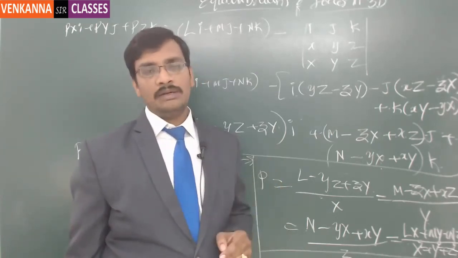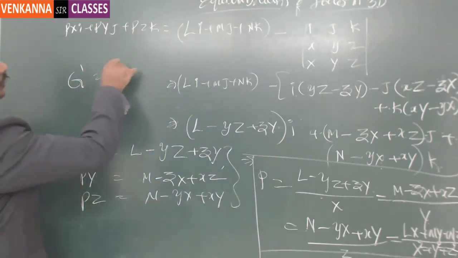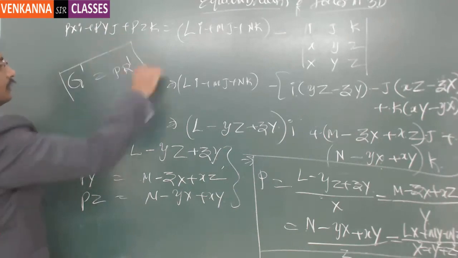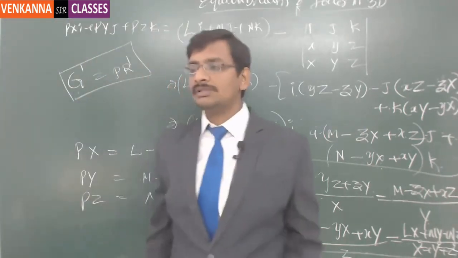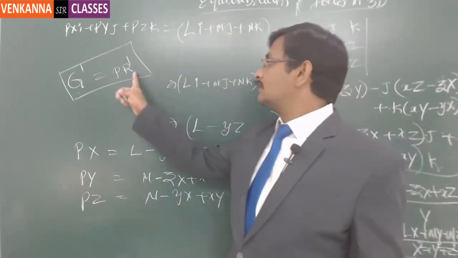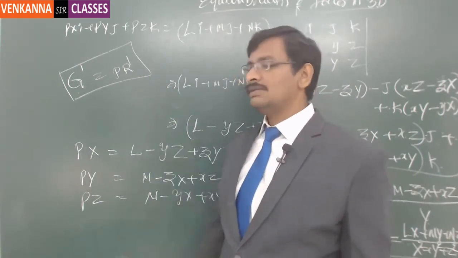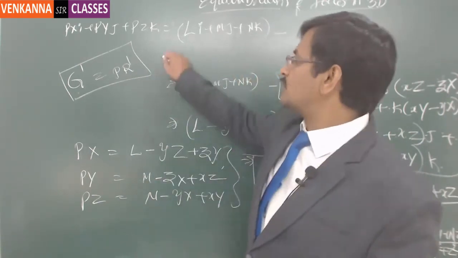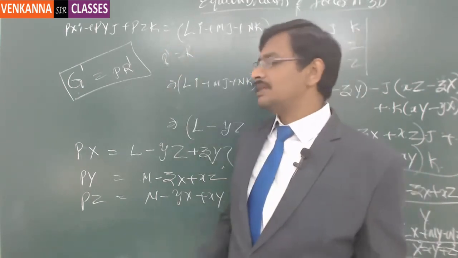Keeping that in mind, we identified the relation in case of a wrench: G dash is equal to P times R dash, where G dash is the moment of the forces when the base point is on the central axis, and R dash is the equivalent force of all the forces together when the base point is on the central axis. So irrespective of the base point, R dash is equal to R. Hence we have used this relation.